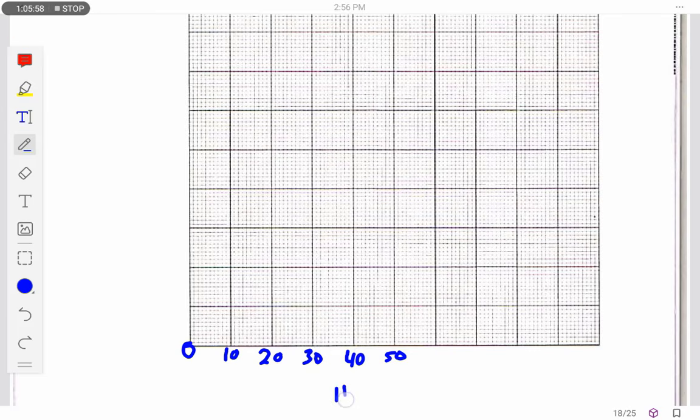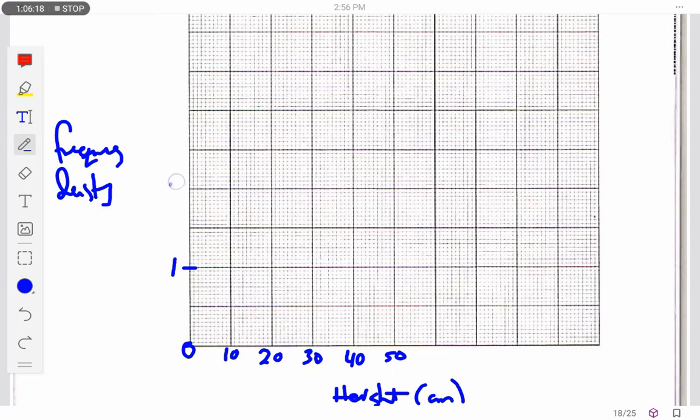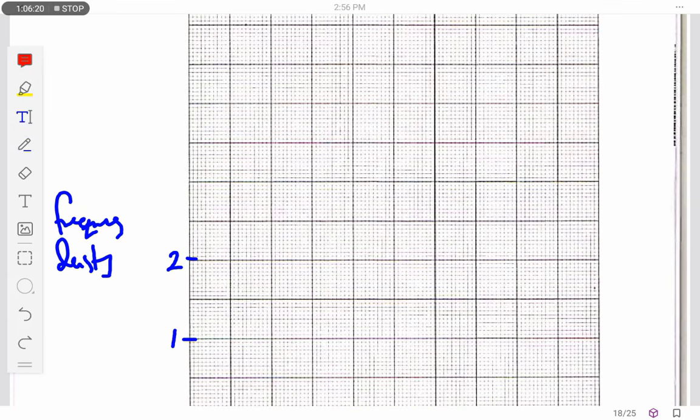Then these are heights here in centimeters. Then we have frequency density here. They said 4 centimeters to represent 1, so it will be 1 here, 2 here, then 3 here, 4 here, and we are moving up to the largest that we have.